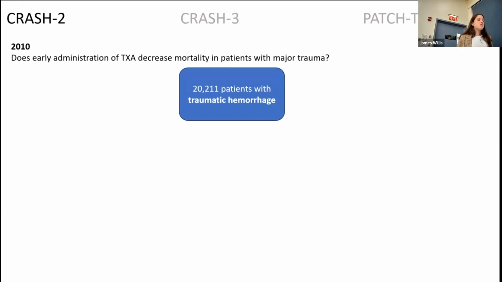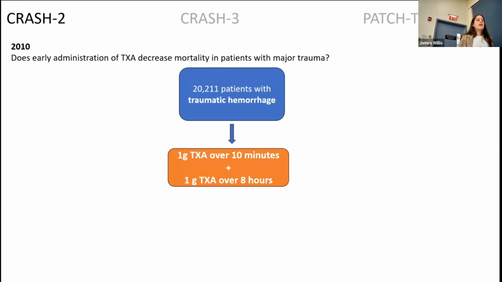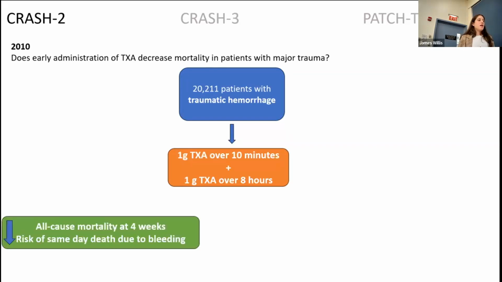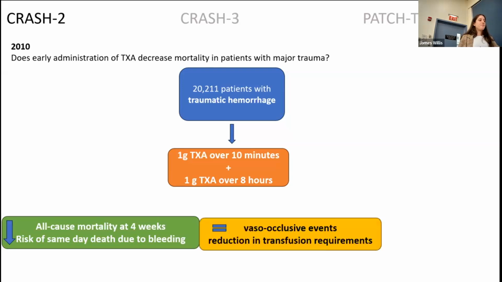They used 1 gram of TXA over 10 minutes and an IV drip of TXA over 8 hours. They found a statistically significant decrease in all-cause mortality at 4 weeks and a decrease in the risk of same-day death due to bleeding. There was no statistical difference in the risk of vaso-occlusive events.